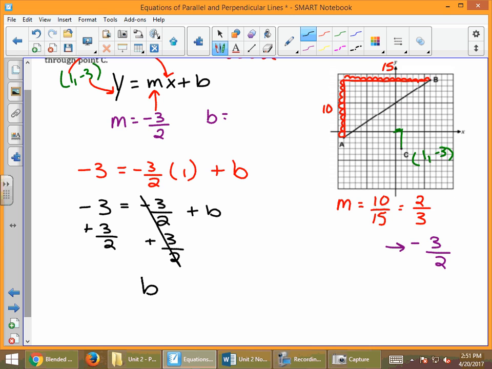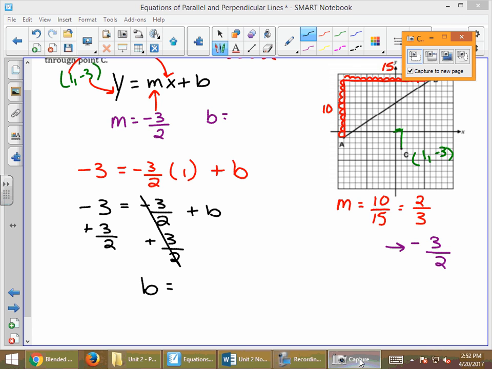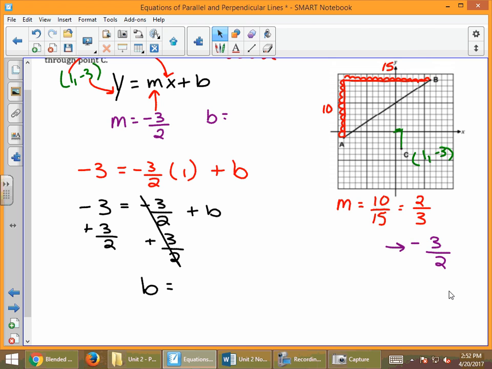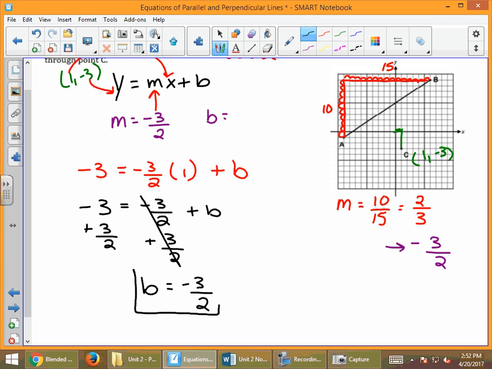So we end up getting that b is equal to, you do negative 3 over 2 plus negative 3, you will get negative 3 over 2. So again, negative 3 plus 3 over 2 is just negative 3 over 2. You might need to plug that in your calculator. So, well, that's not a fraction, but the steps are exactly the same. It doesn't change anything just because it's a fraction.